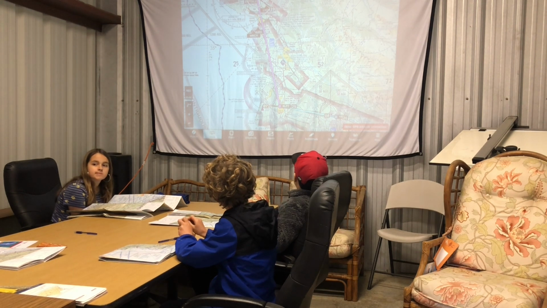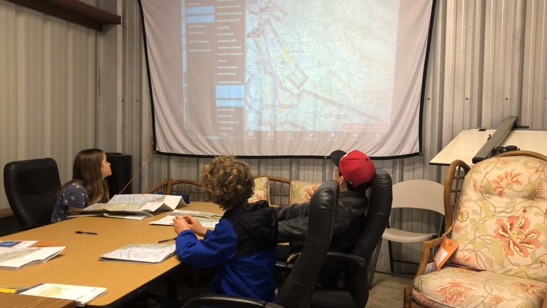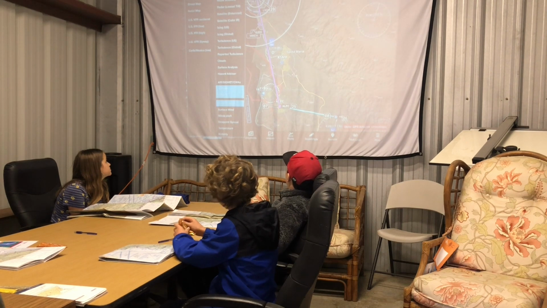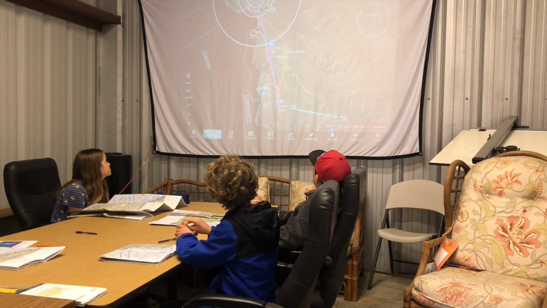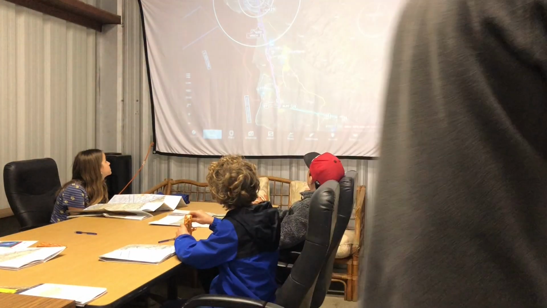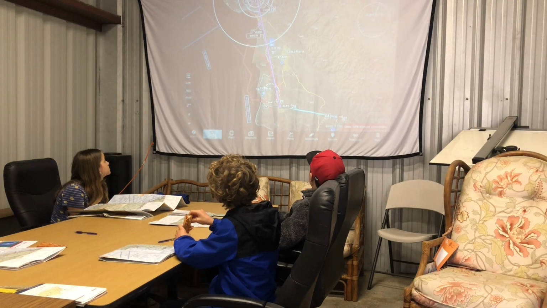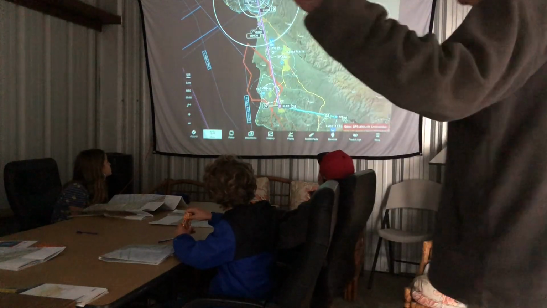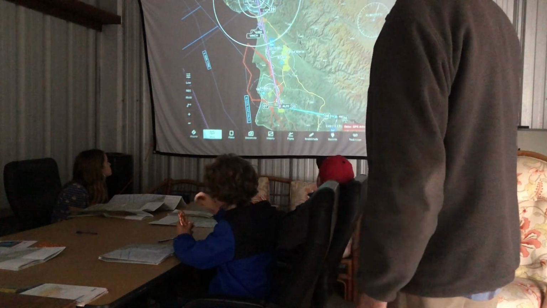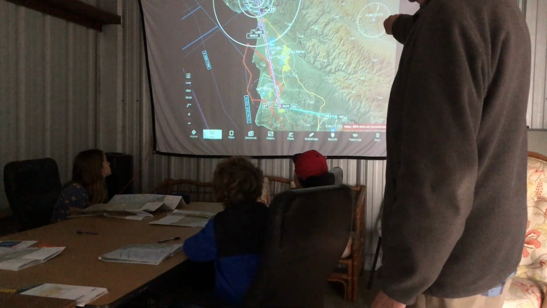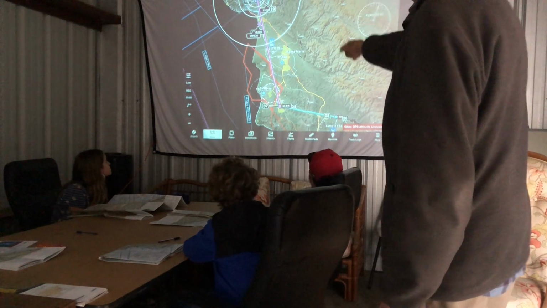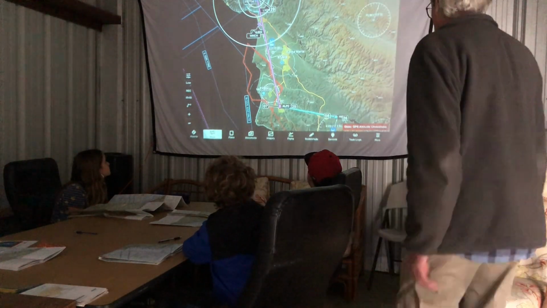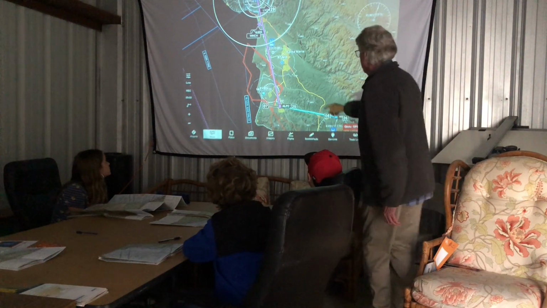But if you go to this version, this is one that ForeFlight created, and it only has the stuff you need, right? There's a mountain there, don't hit it. There's my path, and it shows right here.